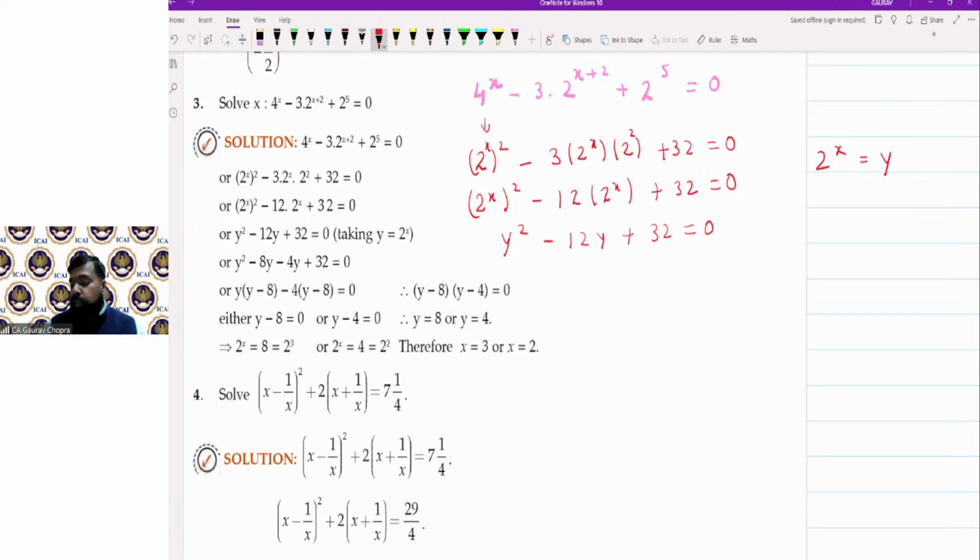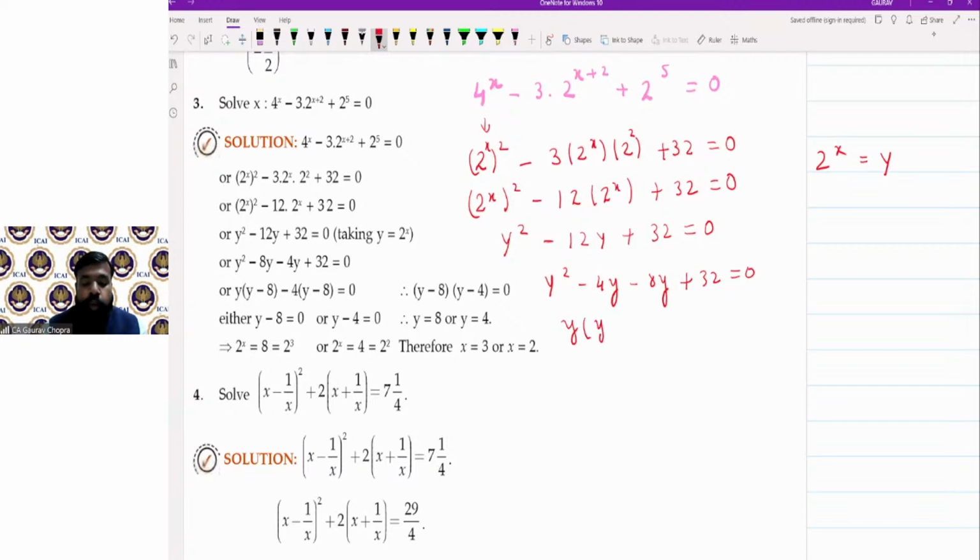Now we can solve this using any of the methods. You can split this or use the Acharya formula. If we try to split, factors of 32, 4 and 8 can be used. So y square minus 4y minus 8y plus 32 equal to 0.